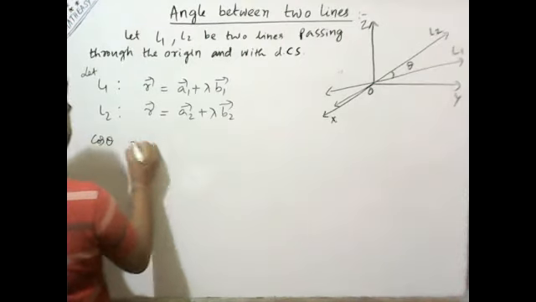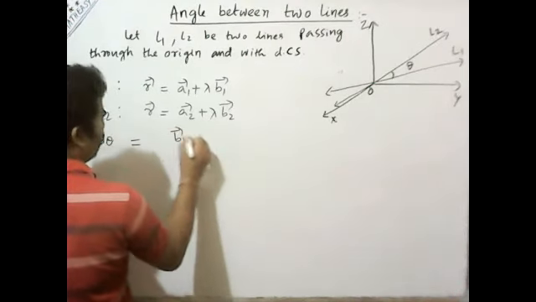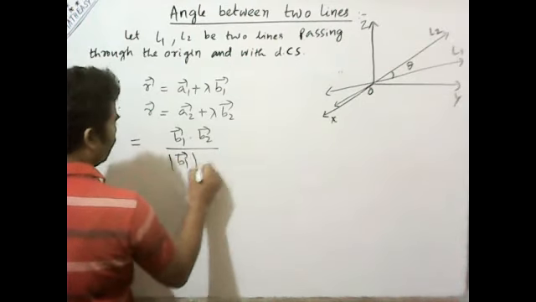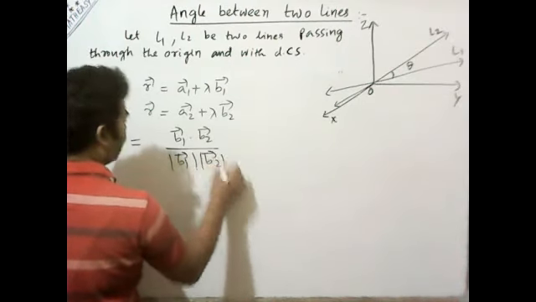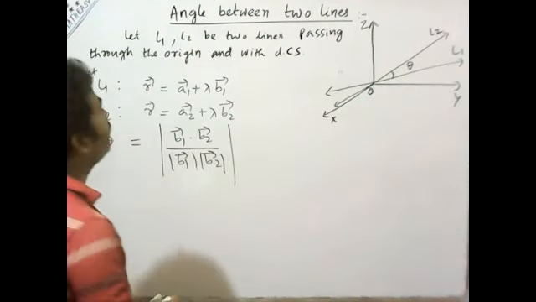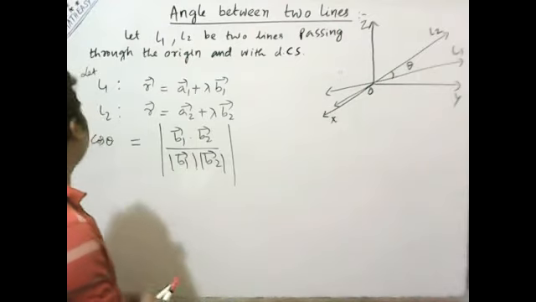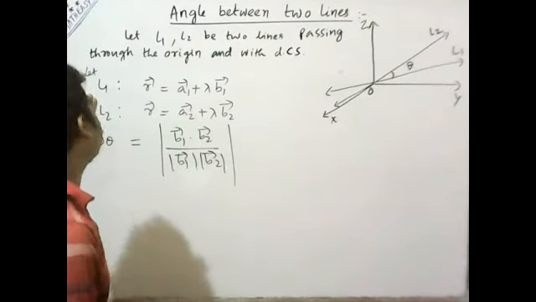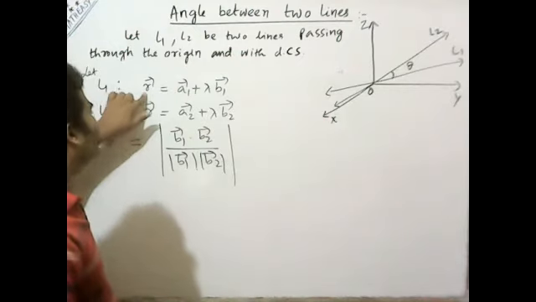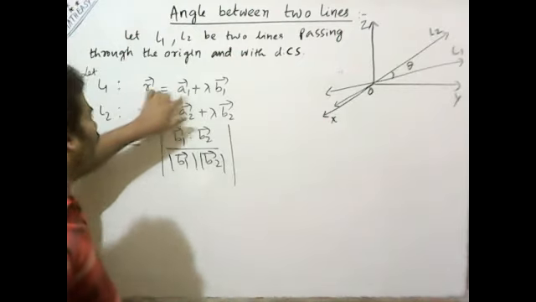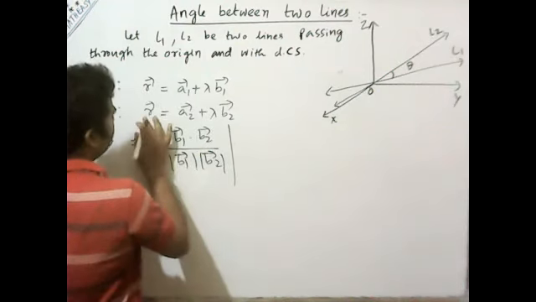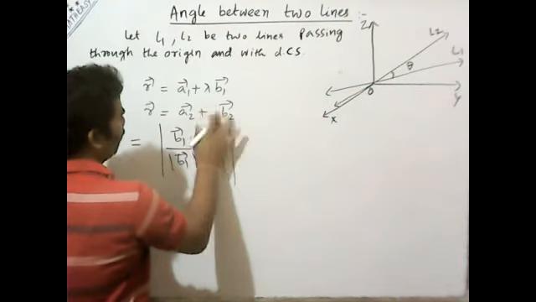Now cos theta is equal to B1 dot B2 divided by the magnitudes of B1 and B2. This is the angle between two lines in vector form.